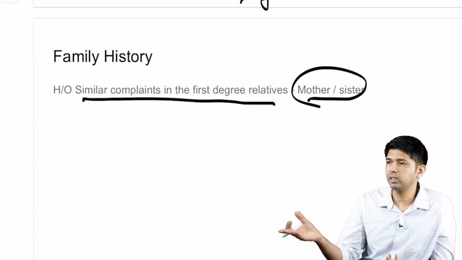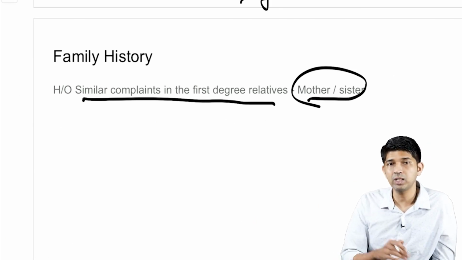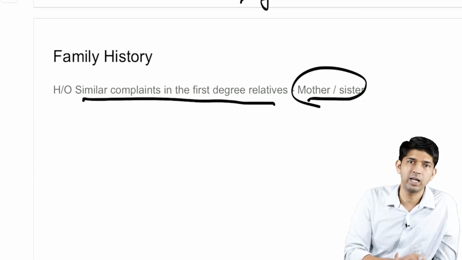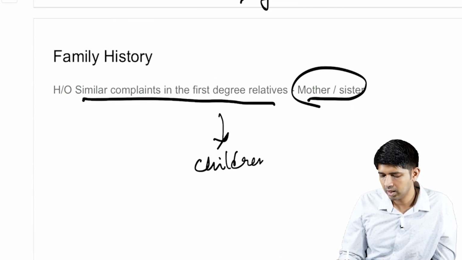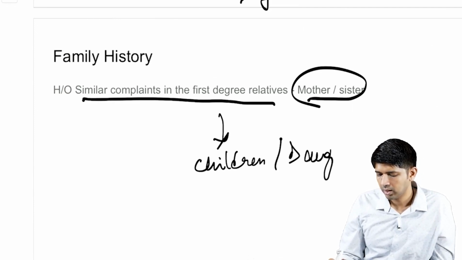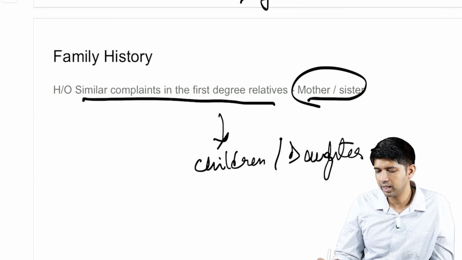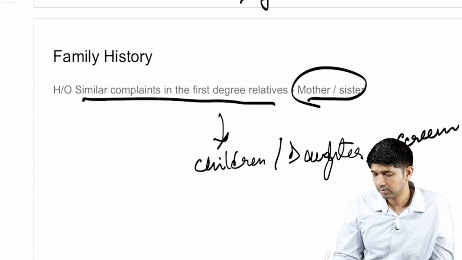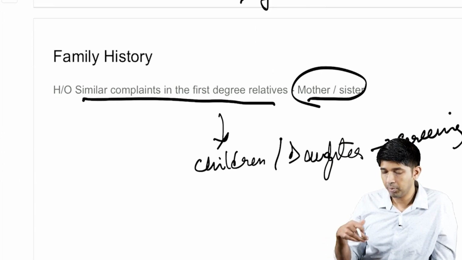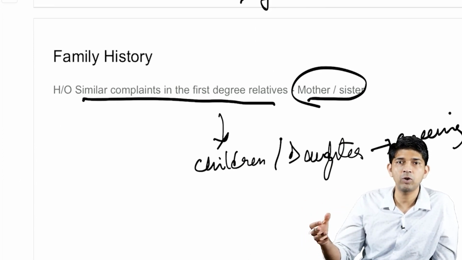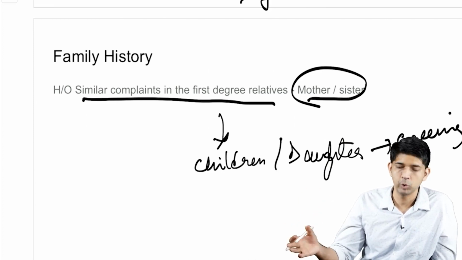So there's no point getting all this history. But what is important is her first degree relatives, probably her daughter. You can put them under screening or surveillance, and probably give them some sort of treatment in order to make sure they don't develop cancer in the future.